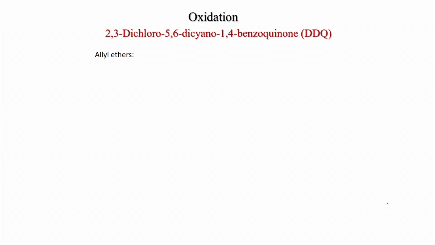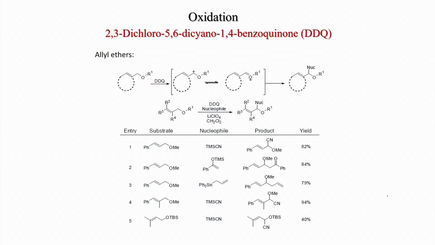Not only benzylic ethers, allyl ethers also can be reacted under this condition. So, DDQ, you have to use lithium chloride here, DDQ, lithium chloride and dichloromethane as solvent, you can get the carbocation first, then the oxonium ion, and then a nucleophile can be reacted.